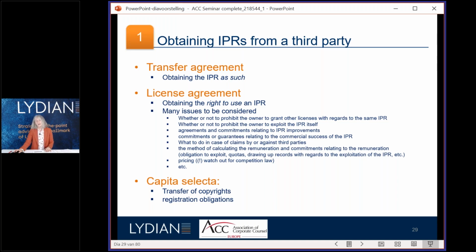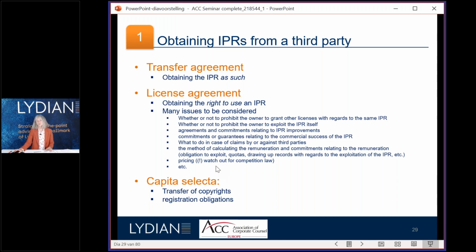Of course, a tricky issue is also the way you are going to calculate the remuneration for the right that you are granting or obtaining: whether there is a quota, whether there is a target, how you're going to check whether you trust your contractual partner, whether you're going to put in place some audit, and who is going to pay for these audits. That list is really an important checklist that you have to double check.